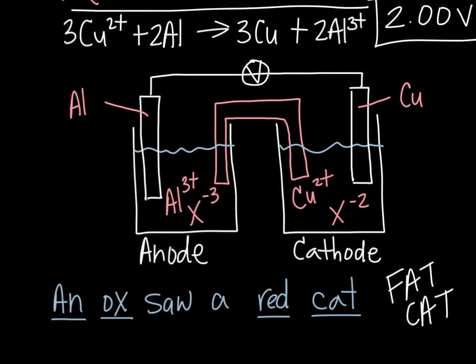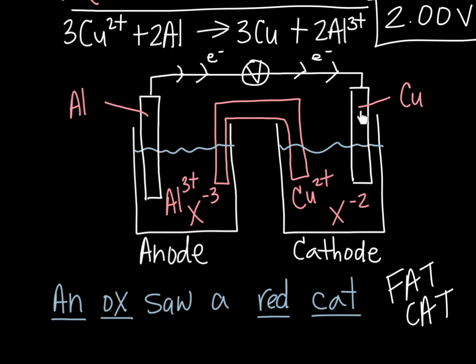So now we're going to draw arrows on the wire, going anode to cathode. Then we put e minus for the electrons to show that the electrons are traveling through the wire. Notice the direction the electrons are flowing.